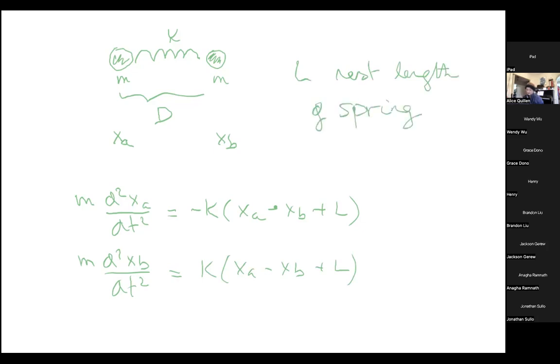One way to make this problem easier is to look at what happens to the center of mass and what happens to the distance in between the two masses. So we had a center of mass position.